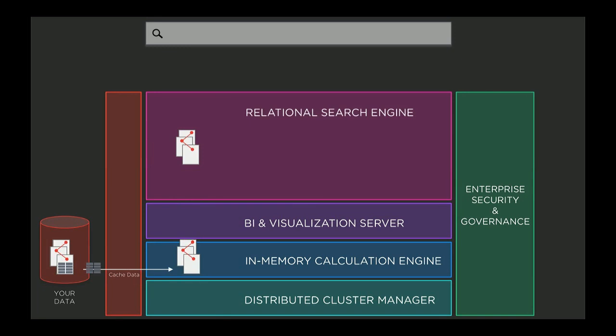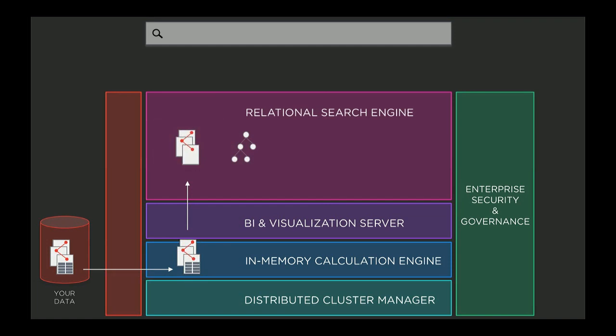Then, with respect to the data, we're also going to bring that data in and cache it, and it's going to perform this indexing process, creating a super efficient data structure that allows end users to very quickly perform searches across these indexes that are created.